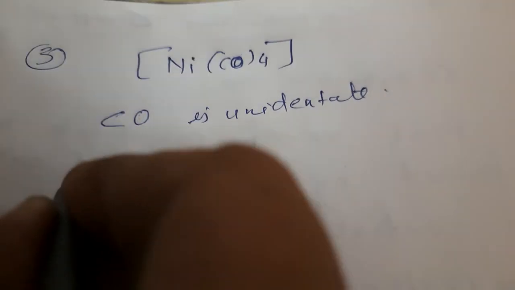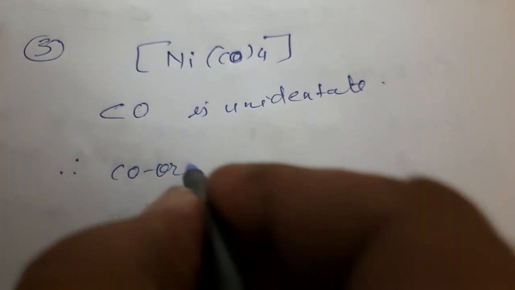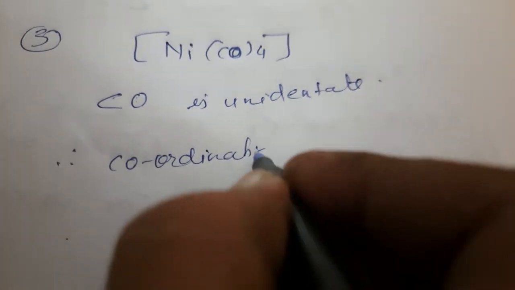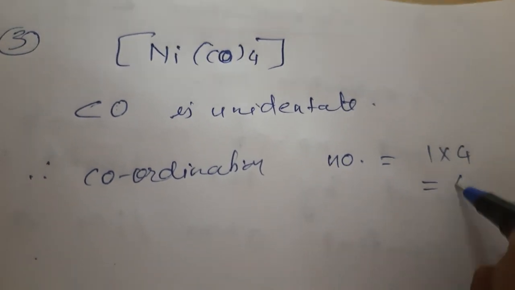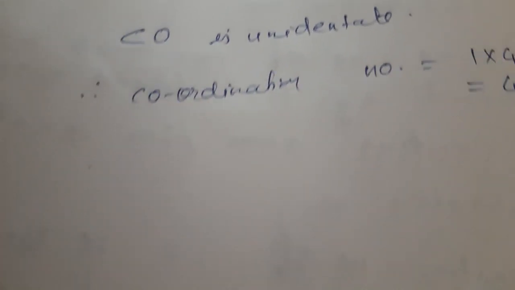Correct? So when it is unidentate, it has to be multiplied with 4. Okay. Therefore coordination number is equal to 1 into 4 is equal to 4. Right?